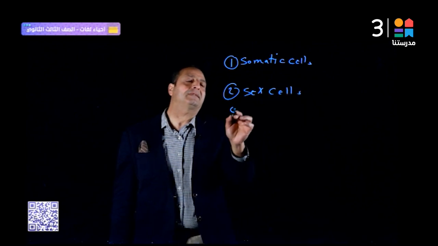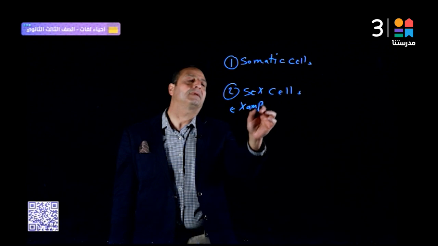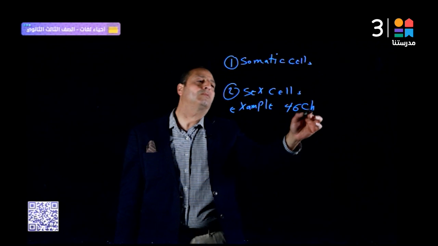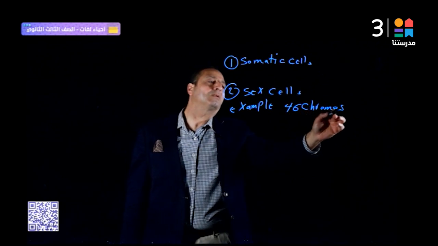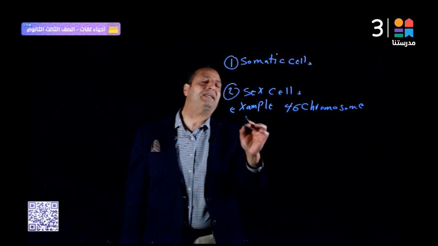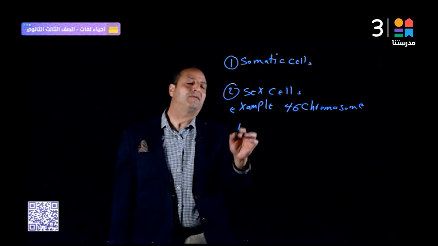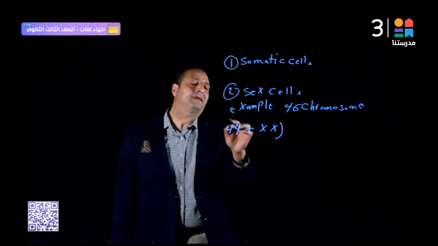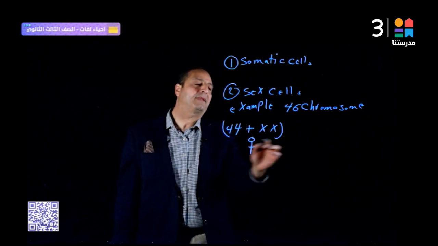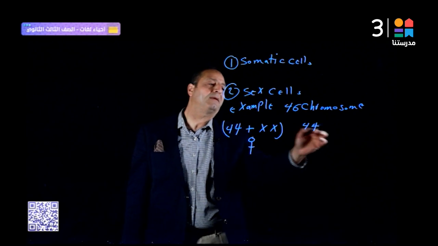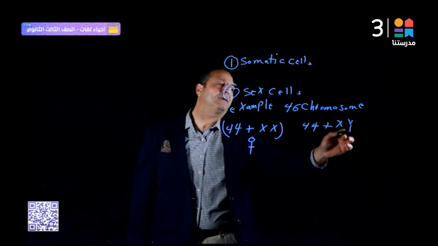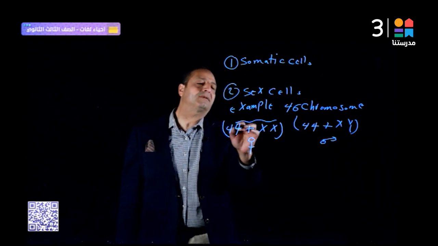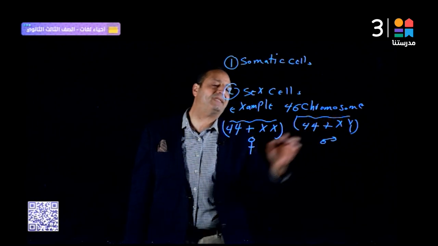For example, in a human being, 46 chromosomes are divided as follows: 44 plus XX female, 44 plus XY male. Okay, this is called somatic cells.